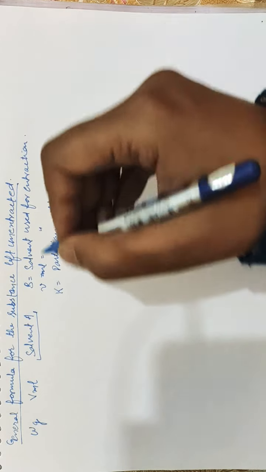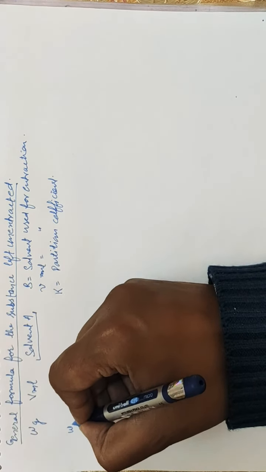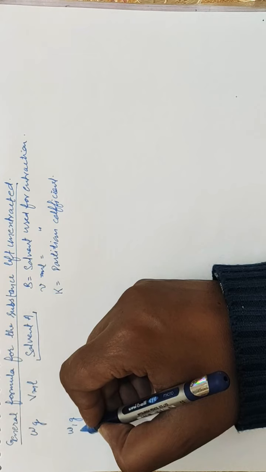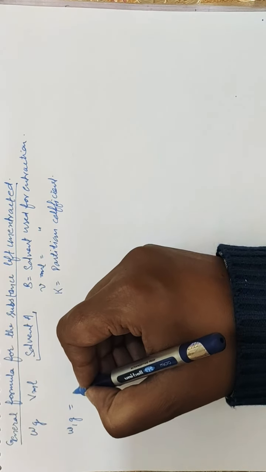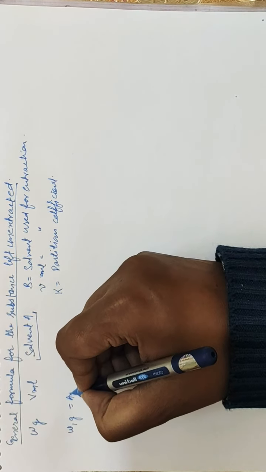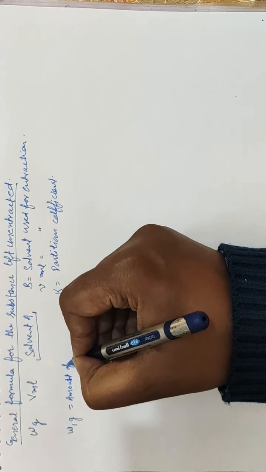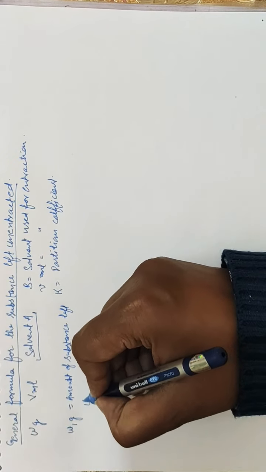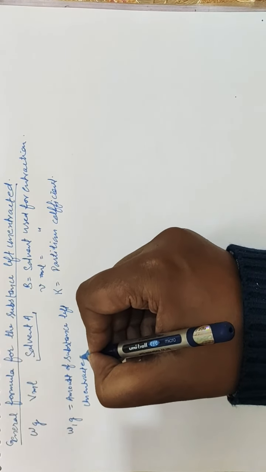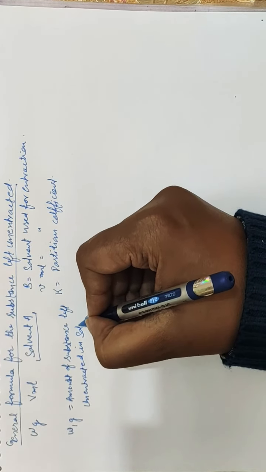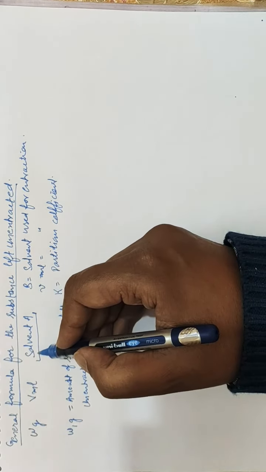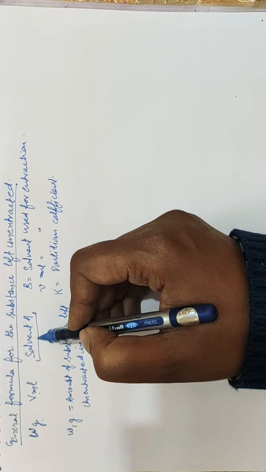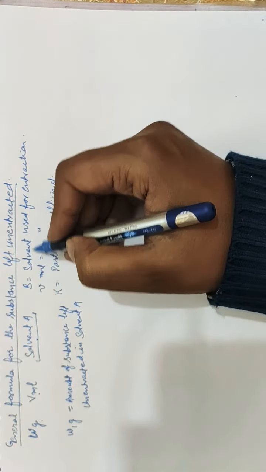So let small w1 gram be the amount of substance left unextracted in the solvent A. This is capital W gram of the substance that was present in V milliliter of the solution in which the solvent was A, and B is the solvent we used for the extraction.